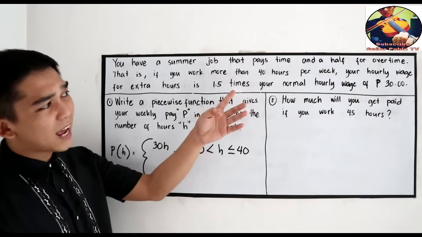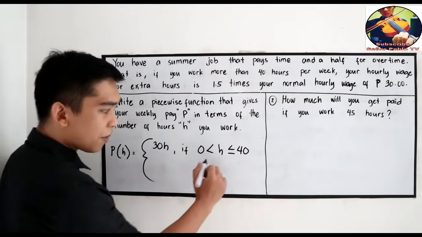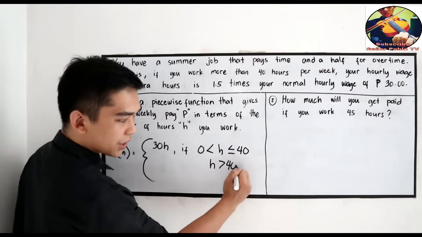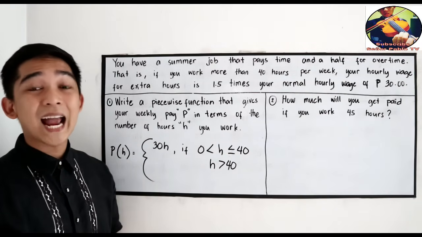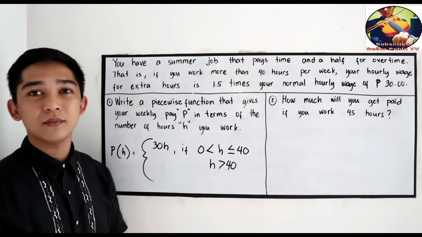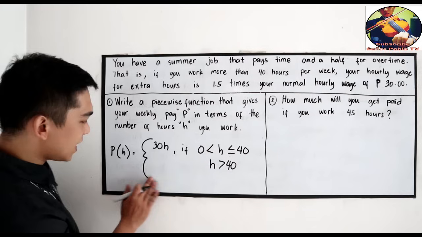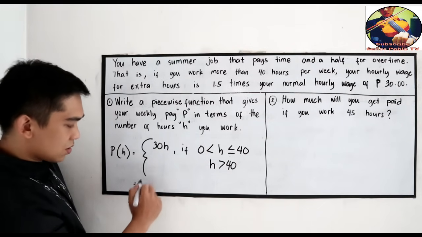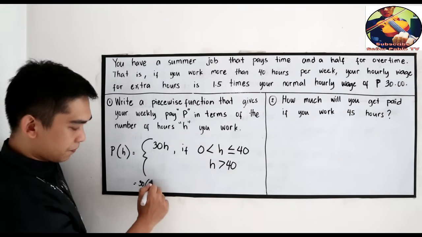Pero, condition natin, paano pag lumagpas ka naman ng 40? Kapag yung hour mo ay mas malaki sa 40, let's say 41, 42, o 45, magkano yung babayad din sa'yo? So, isa-solve natin yan. Kanina, nakuha natin ito, yung 30 times, let's say, nag-work ka ng 40.